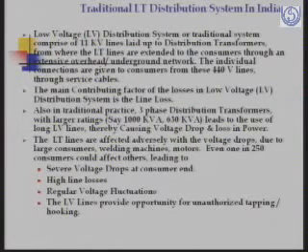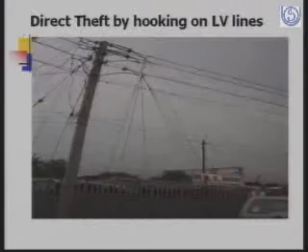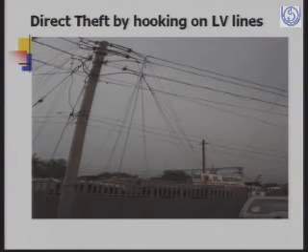It's very easy to hook the LT lines and cause theft, and this has been causing very high commercial losses in our system. All of us know that the consumers have been hooking the system through the LT lines, and they are putting kundis or what you call hook on the LT line and taking power directly without a meter, which causes a huge amount of losses to the utility.